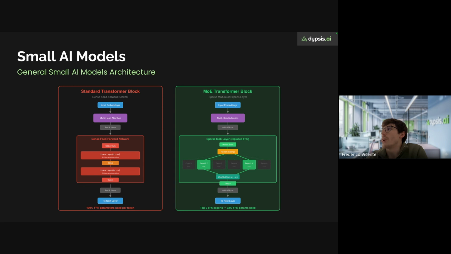So what happens is that even though a model might have, let's say, 30 billion parameters, in the end it runs with the speed of 3 billion parameters, which are active, with the intelligence, let's say, of 14 billion parameters. So this is also a trend of architecture which is gaining quite some popularity.